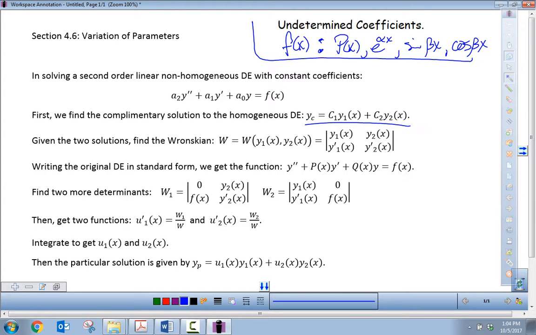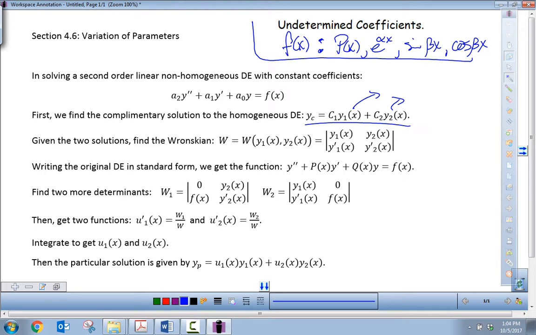So the Wronskian, we're not checking for linear independence, because we know that y1 and y2 from the homogeneous solution are linearly independent already. What we are going to come up with is the function that we get from the determinant of the Wronskian.